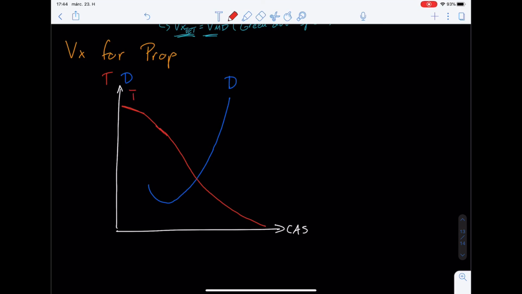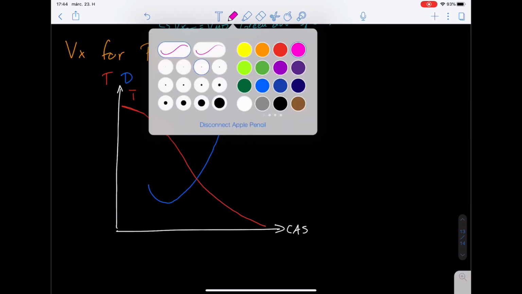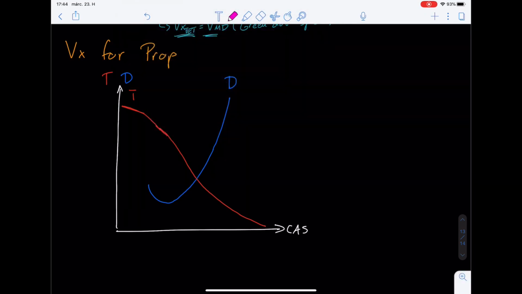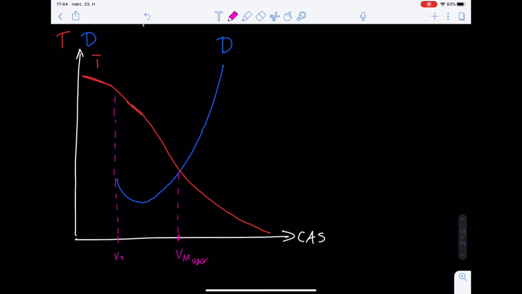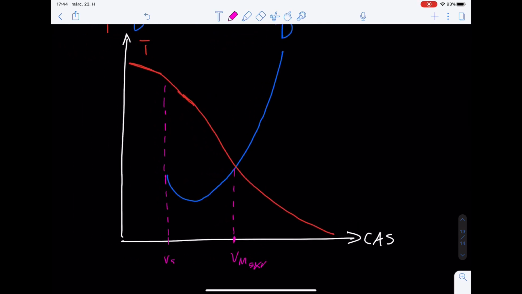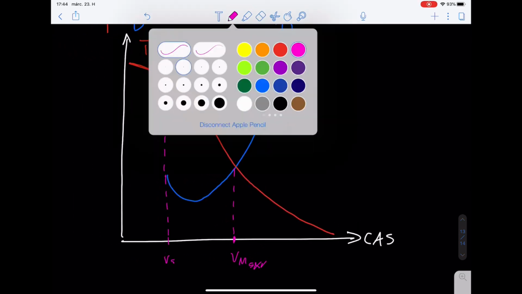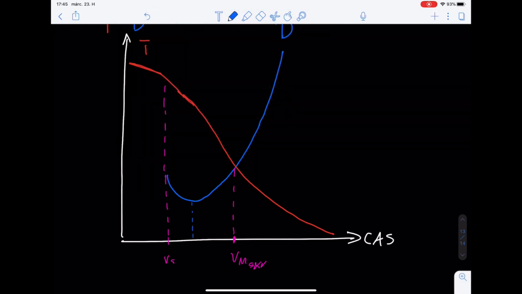Yet again, we're going to be looking at values above the V stall and below the Vmax SNL. So here we have approximately the VMD at the lowest point.